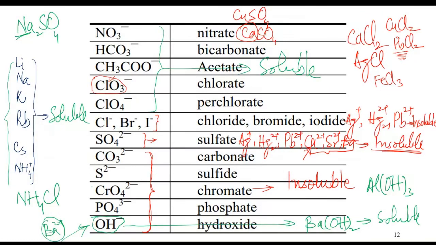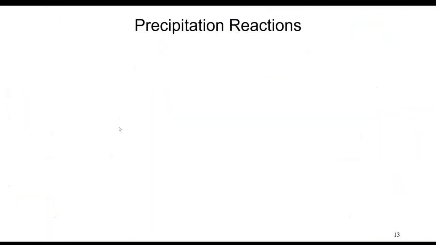Suppose I ask you CaCO3. Is it soluble or insoluble? Now listen carefully. First you find rule number 1, first group or ammonium.